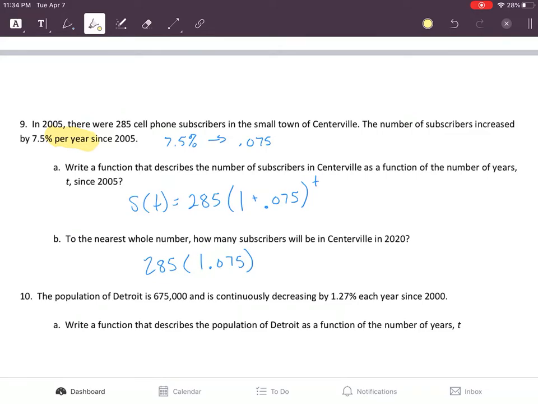Another important piece of this problem is the word since. Since 2005 means you don't count 2005 in it. So it's 2020 minus 2005, which gives you a total time of 15. Put this in your calculator: 285 times 1.075 to the 15th power, which gives you, as a whole number, 843.